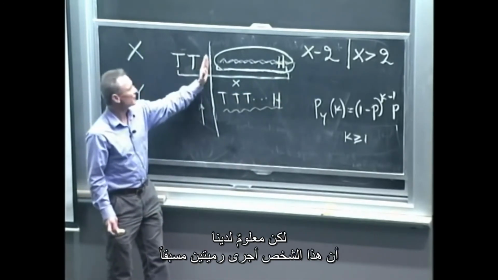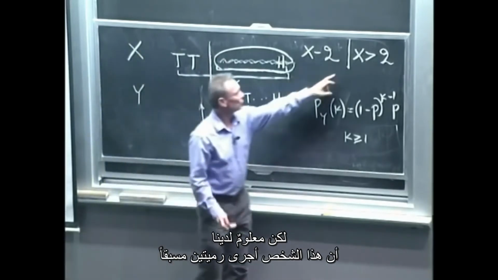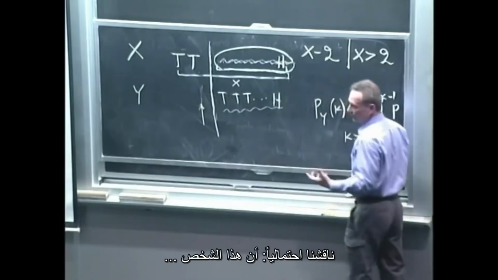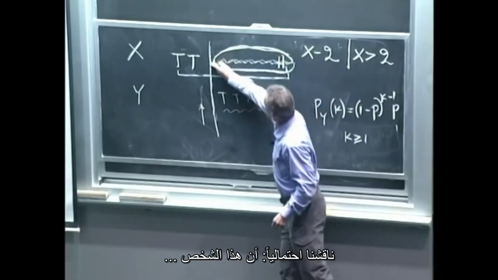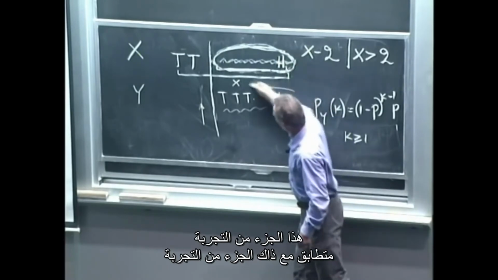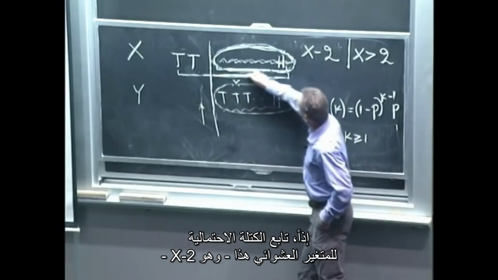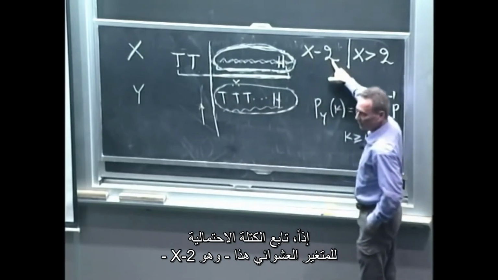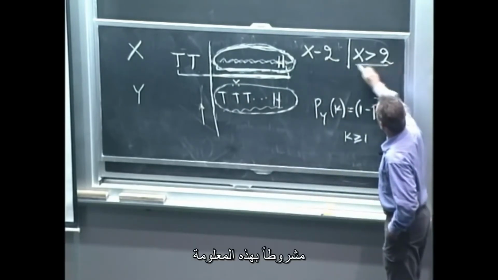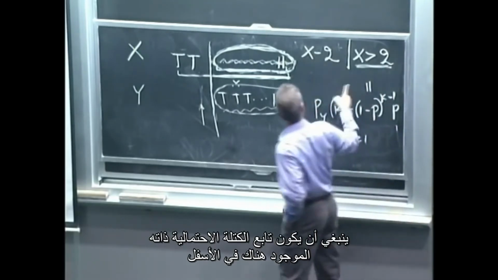But we're given the information that this person has already wasted 2 coin flips. Now, we argued that probabilistically this part of the experiment here is identical with that part of the experiment. So the PMF of this random variable, which is x minus 2, conditioned on this information, should be the same as that PMF that we have down there.